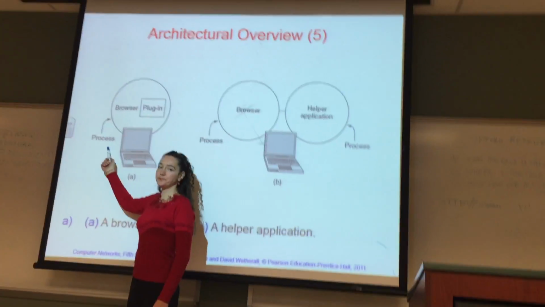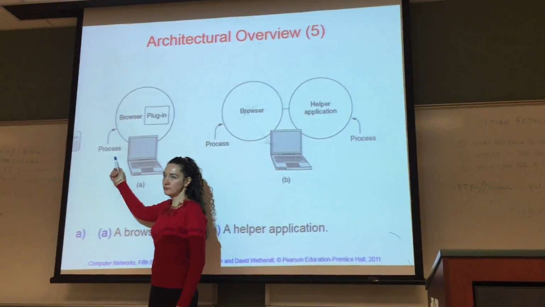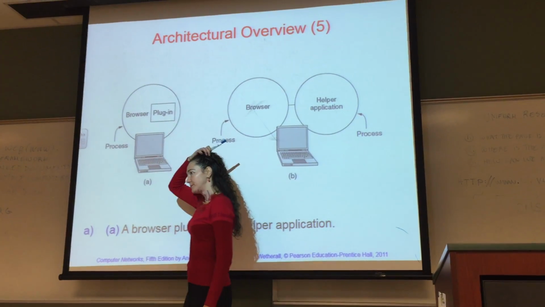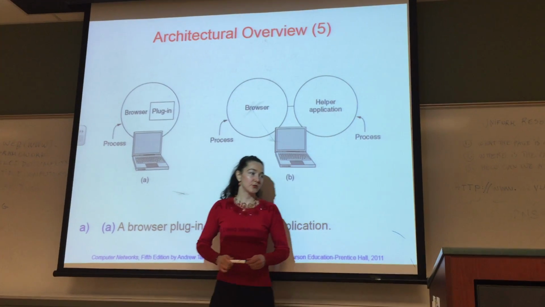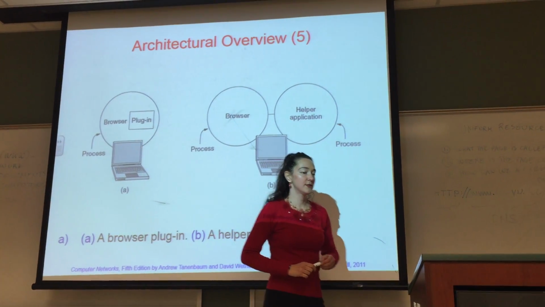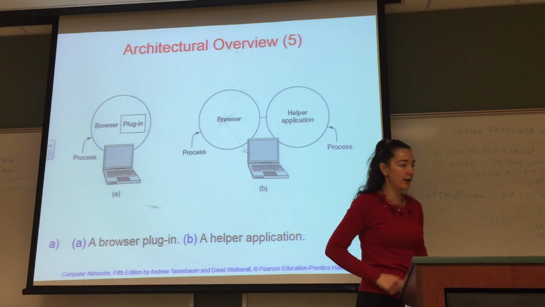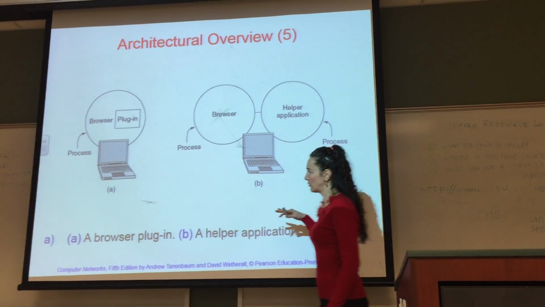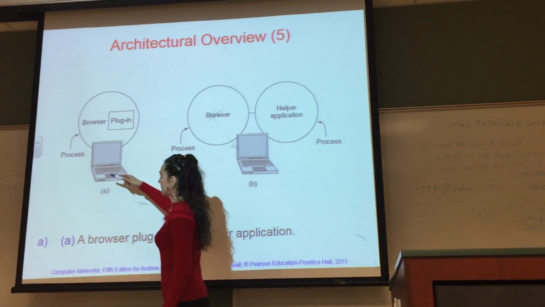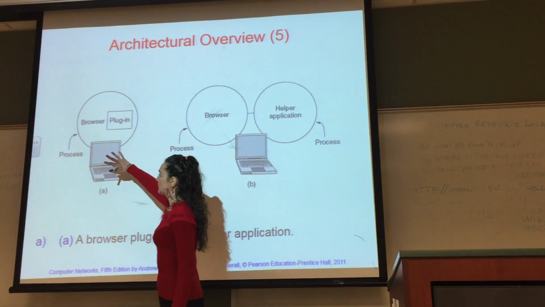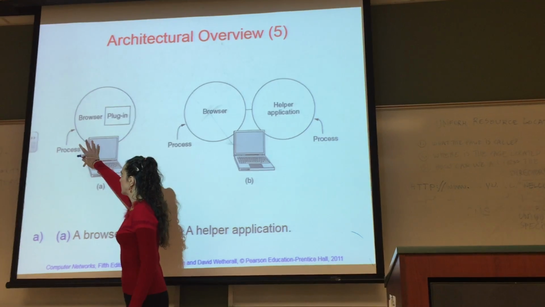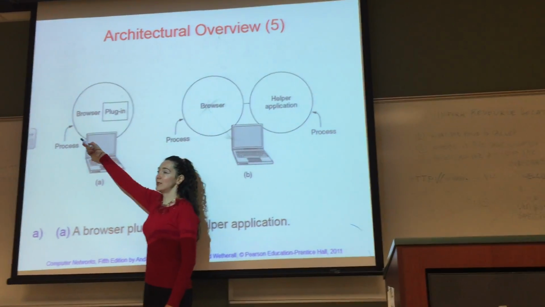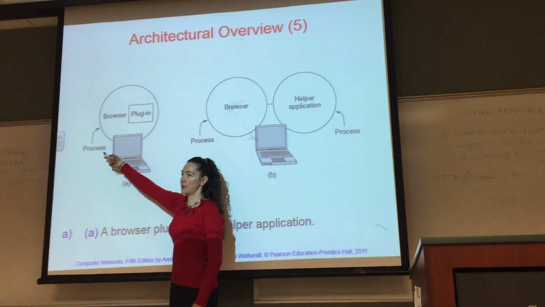A process is an instance of a running program. So one of the programs that's currently running on the machine is called a process. The browser has a process space with its own memory space and things like that allocated for it. With the plugin, it will get loaded inside the browser's process space.